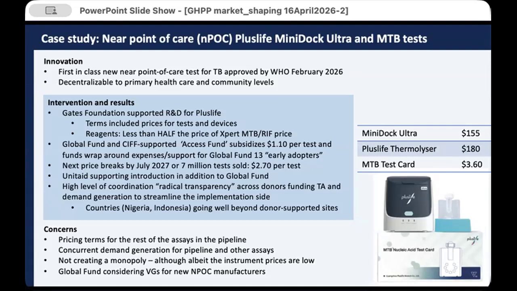So we could probably see more fluidity in the overall use and the market on the demand side, where countries can switch over to competitors if and when they become available. The Global Fund is considering volume-based guarantees for those fast followers, given that there are developers coming with new platforms.